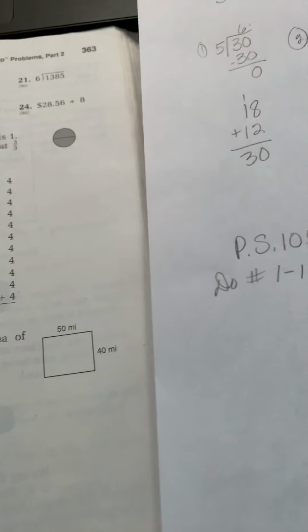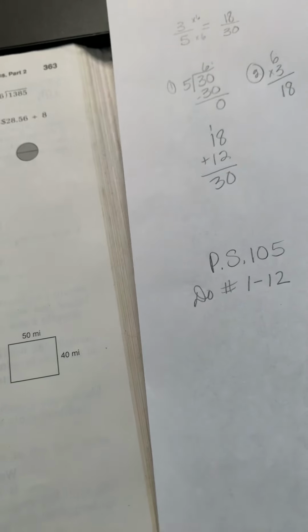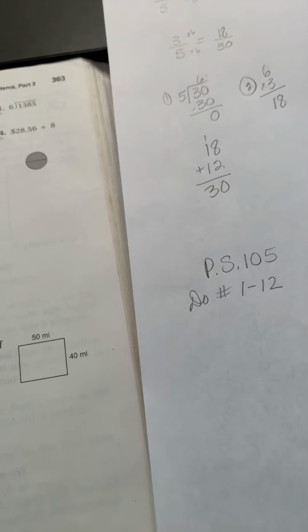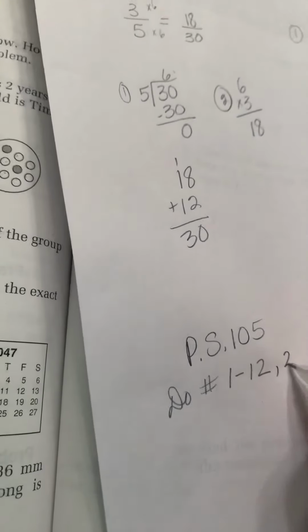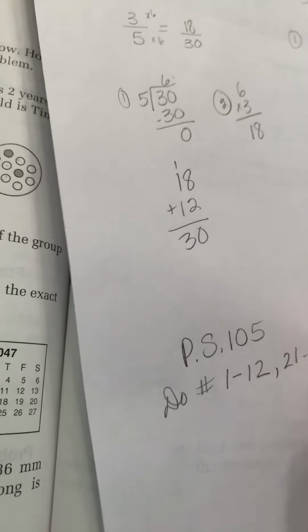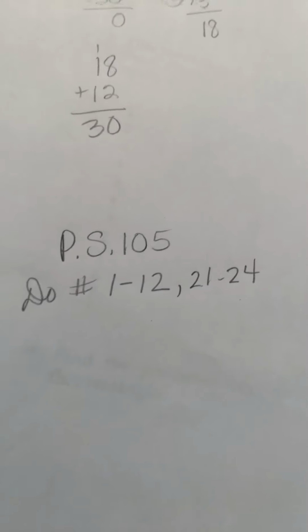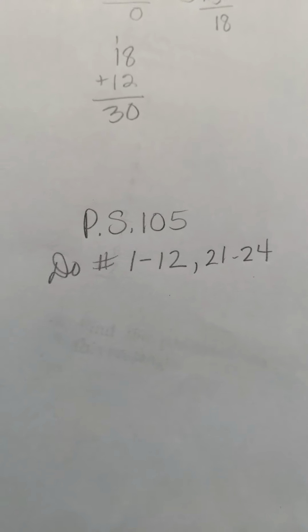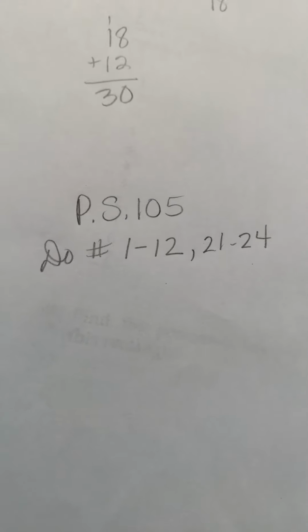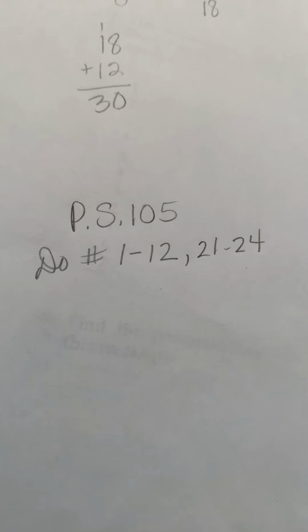And we'll skip some of the multiplication today, and just do 21 to 24. And then maybe on the next problem set, we will do more of the multiplication. So there you go. Problem set 105, do numbers 1 through 12 and 21 through 24.